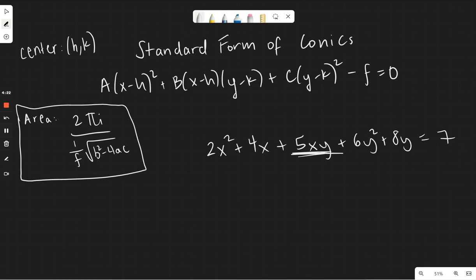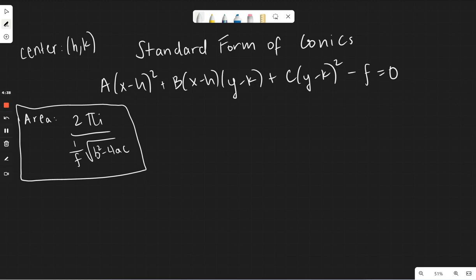So yes, we could rotate these axes and get it back to a horizontal or vertical ellipse, and then rotate it back, but that's just really complicated, and I always feel like if you can factor, it's so much easier to go that route. So I will show you what I mean by that.